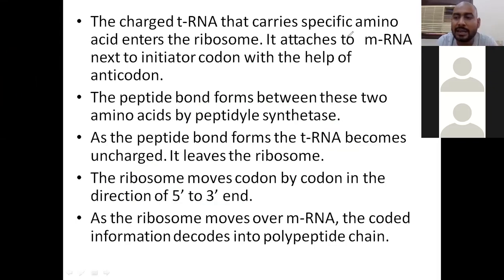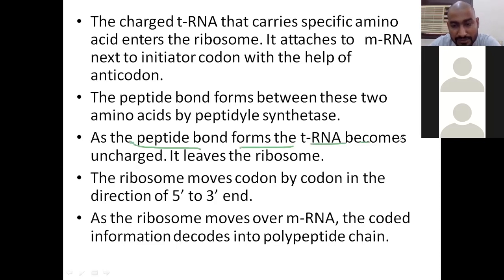They give their amino acid and release in the uncharged form. Ultimately one amino acid is linked with another amino acid, and this activity is performed in the large subunit of the ribosome by peptidyl synthetase, which is involved in the formation of the peptide bond. Ultimately it will form the protein.